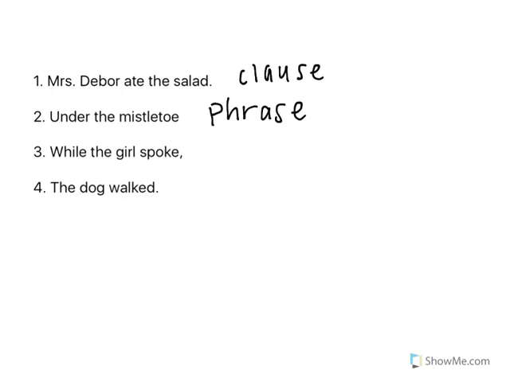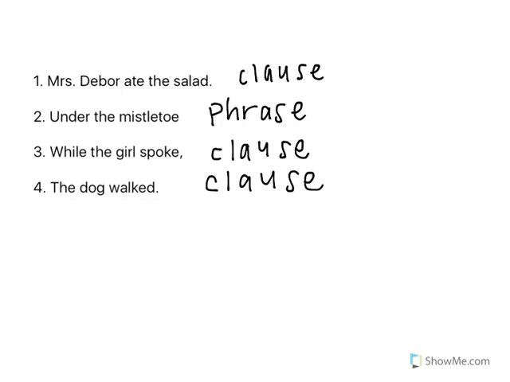Well, there is an action, speaking is happening, so we know spoke is the verb. Who is speaking? Girl. So we know there's both a subject and a verb, so that is a clause. Number 4, the dog walked. Is there an action being completed? Yes. Is there a subject to complete the action? Yes. So this one is a clause as well.